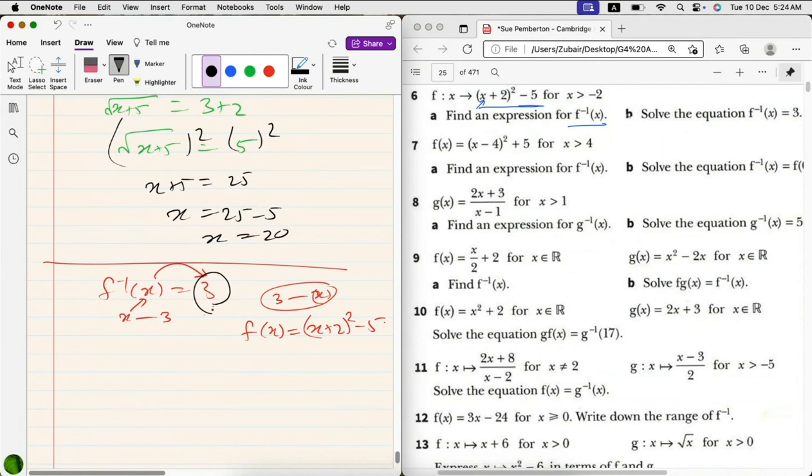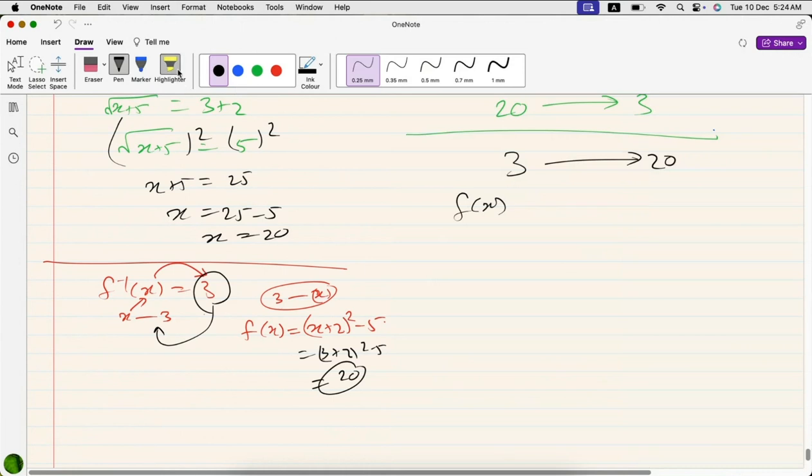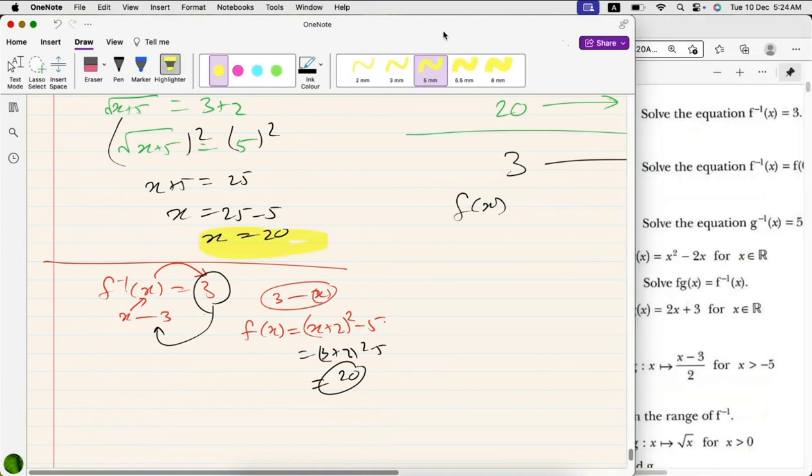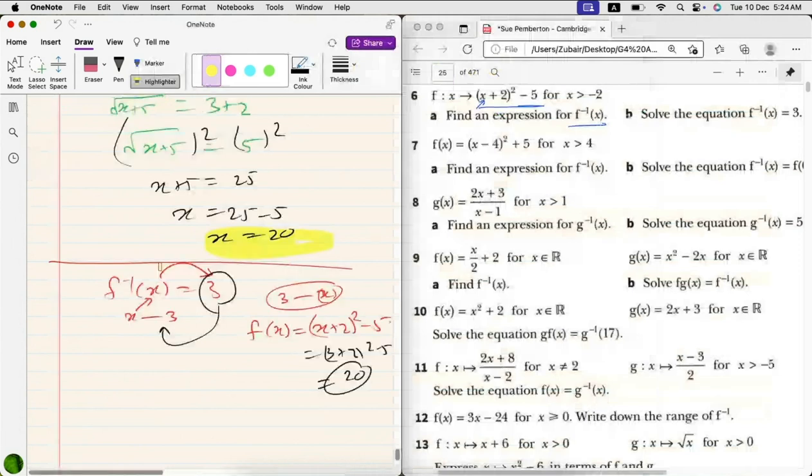So 3 plus 2 whole square minus 5 is 25 minus 5, that is 20. So, without even finding the inverse, I'm getting the actual answer 20, because the relationship is true.